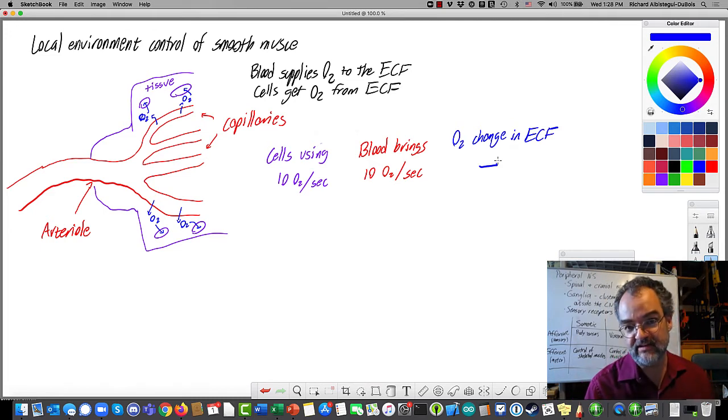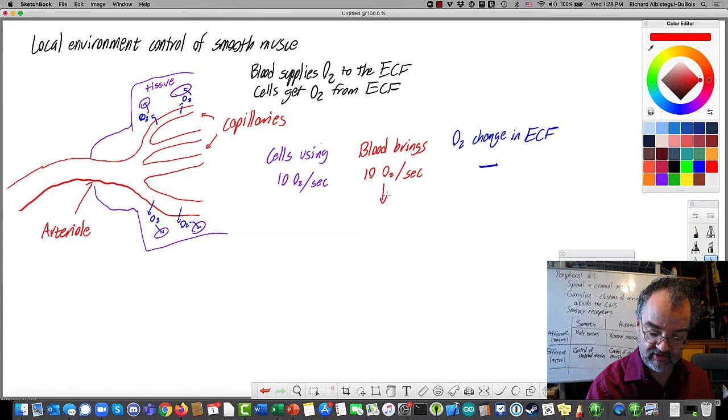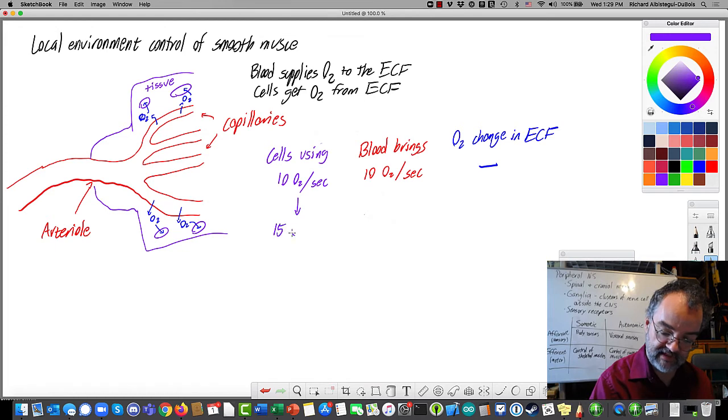But what if the tissue starts using more oxygen? What if, say, it goes to using 15 oxygen per second? Sorry, I changed the wrong thing. Let's say the cells start using 15 oxygen per second, but the blood is still only supplying 10 oxygen per second.